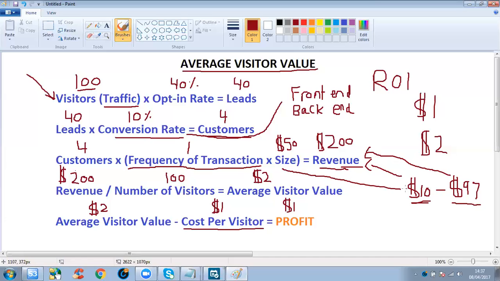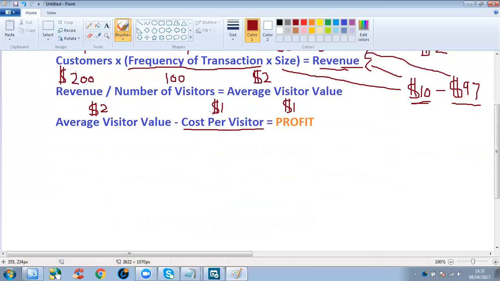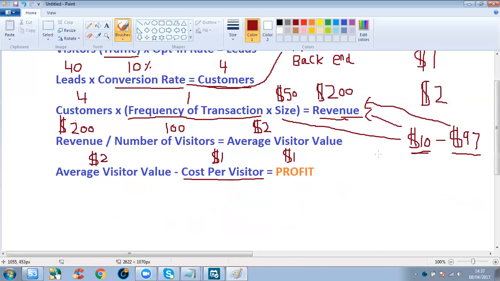So let's just say on this example now, if I just take this back and we do this again, let's say you have 4 customers, but this time, instead of 4 of them buying a $50 product each, which equals $200 revenue, let's say those 4 customers buy a $50 product a month, and they stay with it for 6 months.